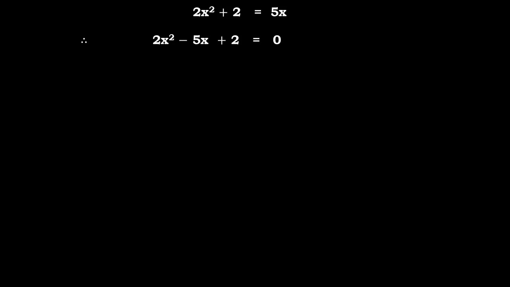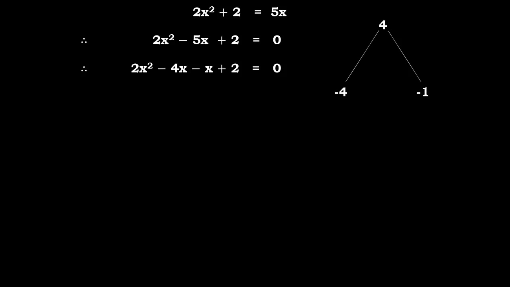Now see, 2 into 2 will become 4. You have to take factors of 4 so that their addition will become 5. 4 ones are 4. And the sign will be minus: -4 and -1. So we can write the middle term: 2x² - 4x - 1x + 2 = 0.